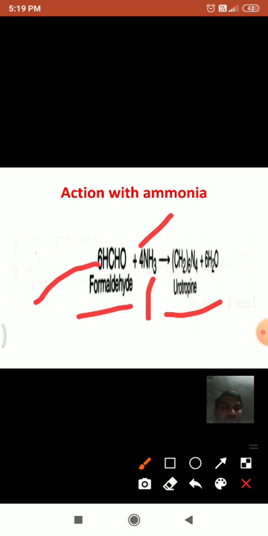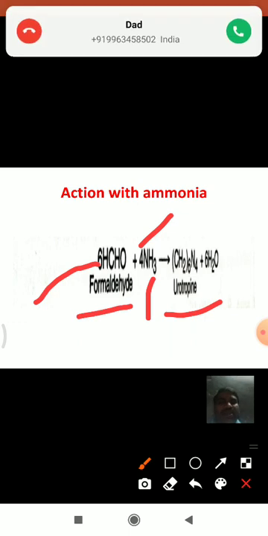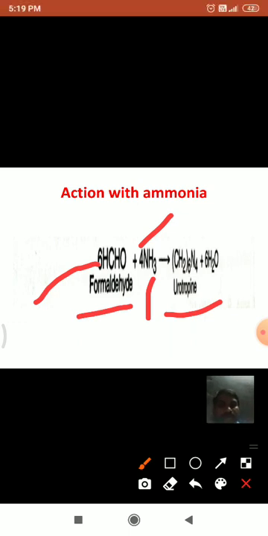It is commonly known as urotropin. This urotropin is used as a medicine for urinary infection. Very important compound. See here, this is the structure of urotropin, having 6 methylene groups and 4 amine groups.